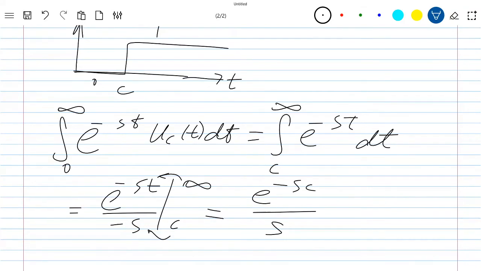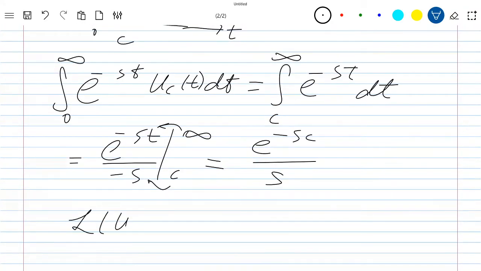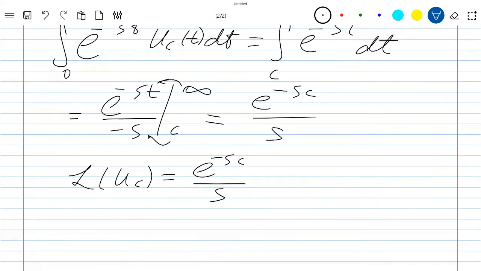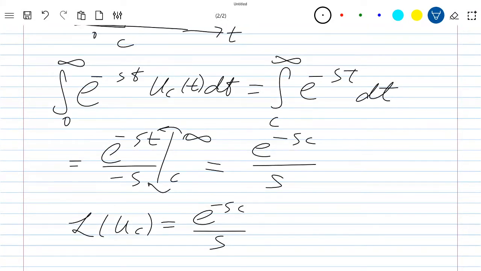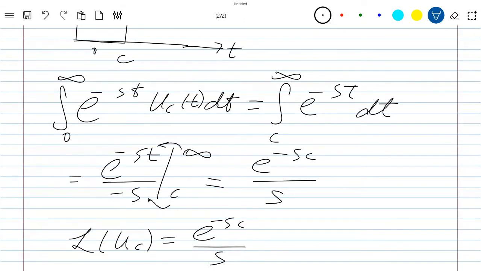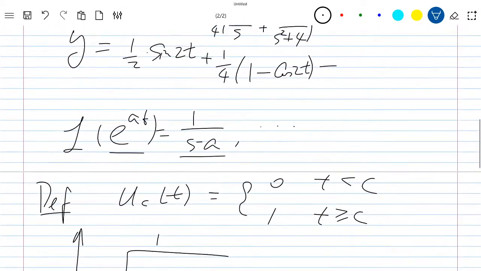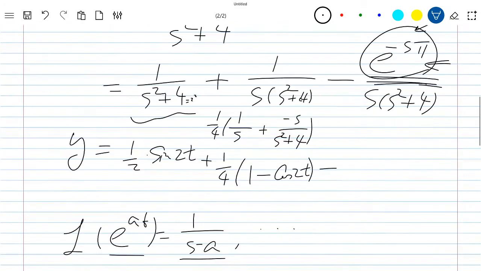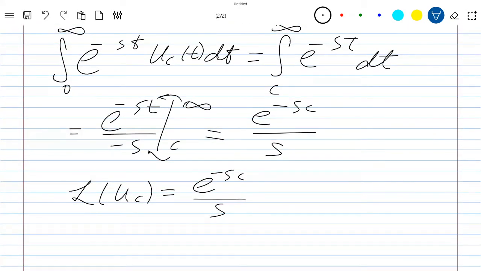So that's your Laplace transform. So you see, we have exponential function now, and that corresponds to the step function. So we can use this formula to handle this term here. It means you will have a u pi of t in your solution, because u pi of t would have e to the negative s pi.